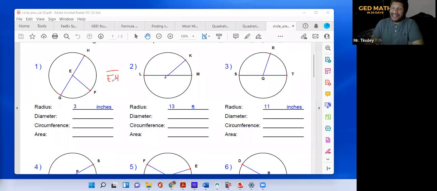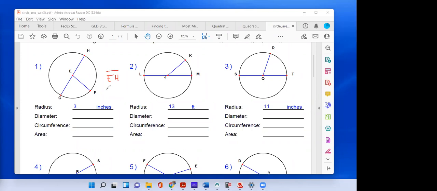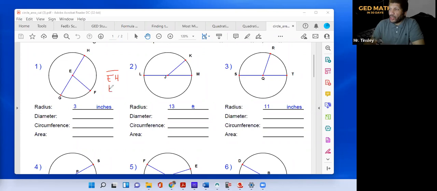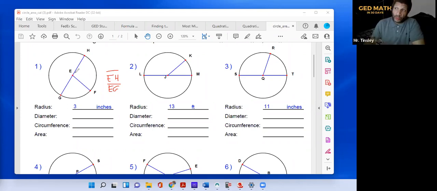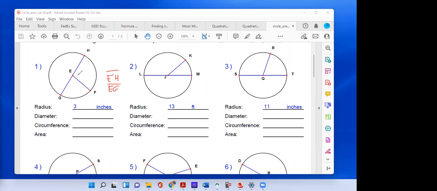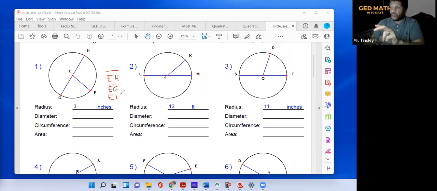What else could it also be for the radius? E and G. Okay. What else? Couldn't it be H, F, and G? No, you need two points for a line segment. E and F. So that's the three possibilities for radius here: EH, EG, or EF. Everybody understand that?